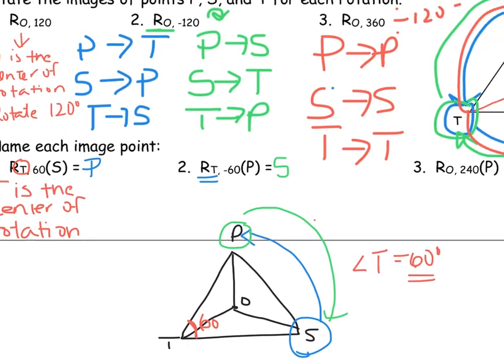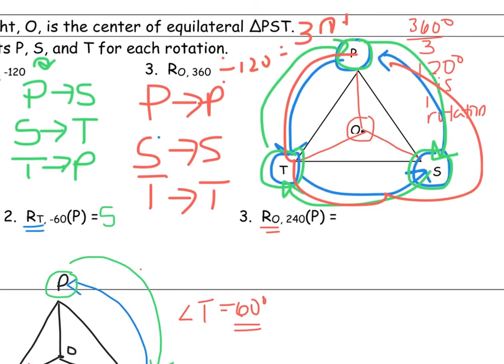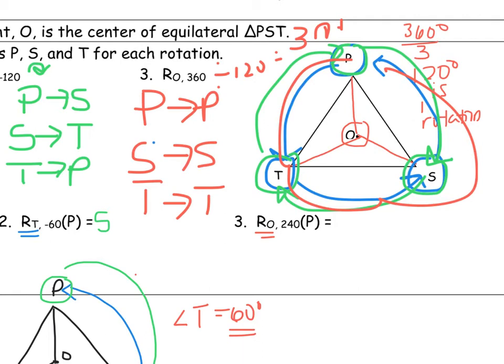Okay, in this last example, we are back with the center of rotation being O, so we can use the diagram up above. So we need to rotate point P 240 degrees around the center of rotation, which is O. And remember, we said that 120 is one rotation, so I'm going to write this out.